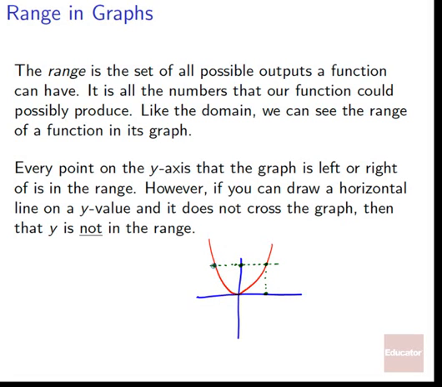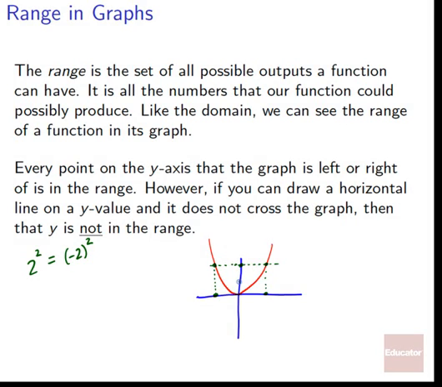Now, it turns out that there are actually two different domain locations that spit that out, but that's okay. Multiple inputs can give the same output, right? f of 2 squared is equal to f of -2 squared. That's perfectly fine. 4 and 4. So it's okay that different inputs give the same output. But the fact that there is some input that gives that output means that it must be in the range, because it can be an output.